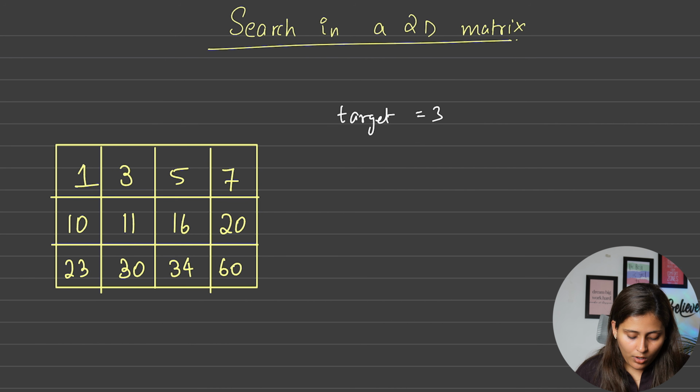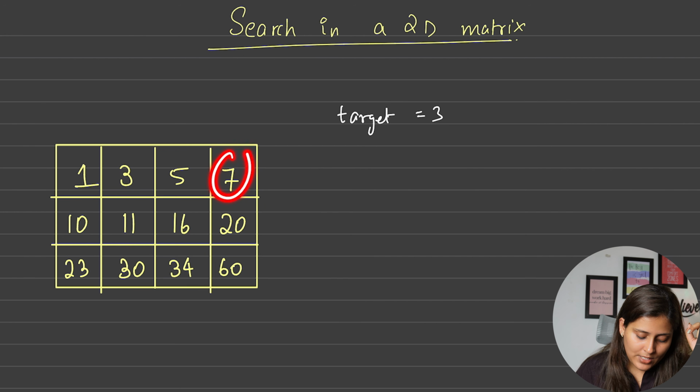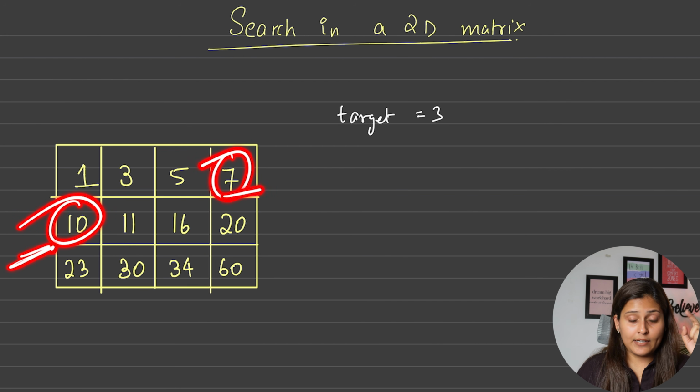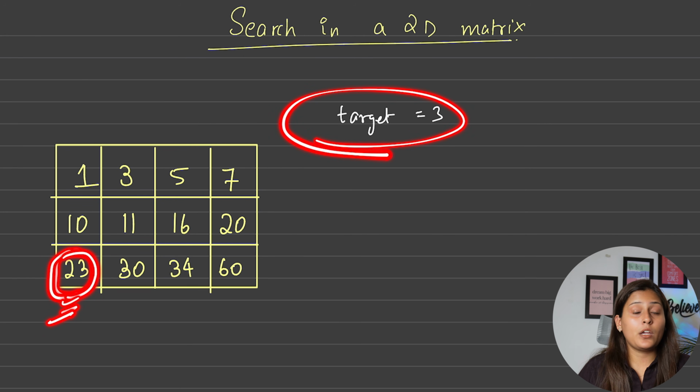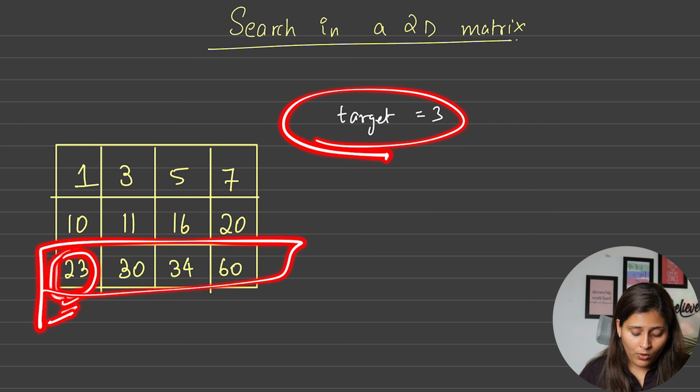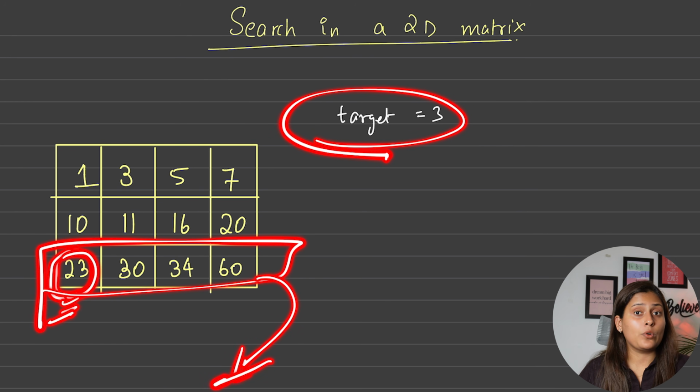So what can you think of with binary search? Can I say one thing? Because this extra property has been given, 10 will be greater than 7. So can I say, see, ask this last element of the row, 23: is 23 greater than the target? Yes, 23 is greater than the target. So can I say 3 cannot be found in this row or anything towards its down?